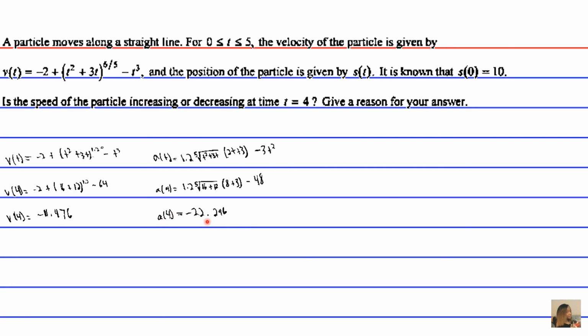So one could easily say, oh, the acceleration is negative, it's decelerating, therefore the speed is increasing. But you have to realize that the velocity is also negative. So the speed is increasing at time t = 4 because the velocity and acceleration have the same sign, okay? They're going in the same direction.